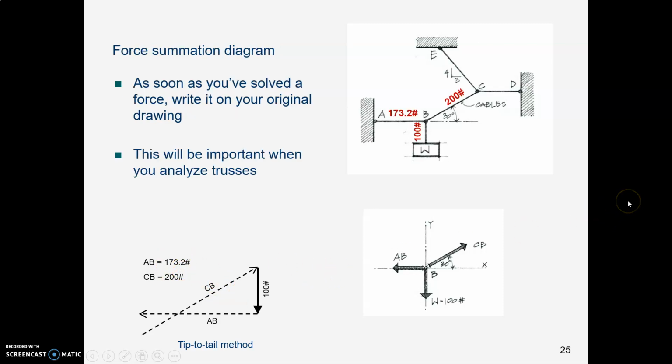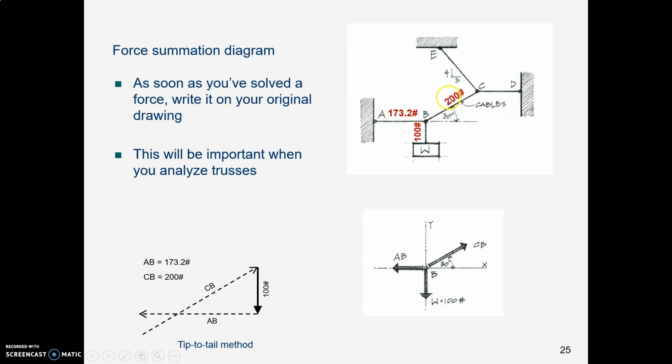As soon as you have those numbers, go back and put those numbers onto your overall drawing. This is called a force summation diagram, where you have all of the forces, the cables and the weight. You don't have to show the wall and the ceiling, but show all the cables, and write those forces that you found right there on those cable members.